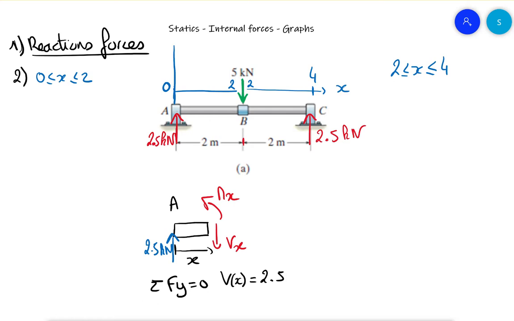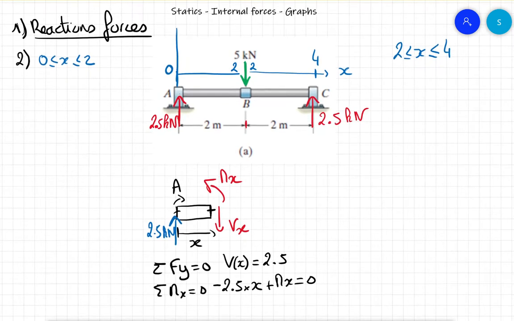And if we do the sum of the moments about the point x, it's equal to 0. We find 2.5 times x, the distance, in the negative direction, and the moment about x is plus, so plus Mx is equal to 0.